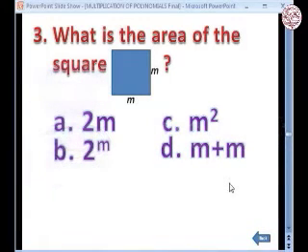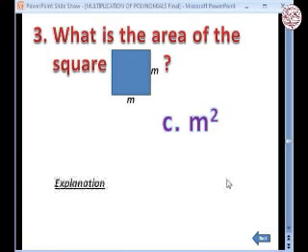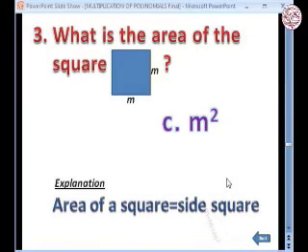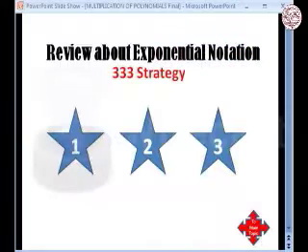The answer is letter C, m squared. The explanation is this. The area of a square is actually s squared, or side squared. Therefore, that is m times m, which will give us m squared. So the answer is letter C.